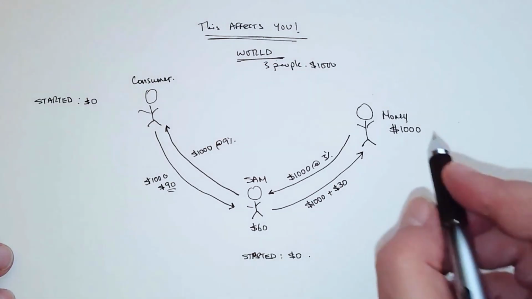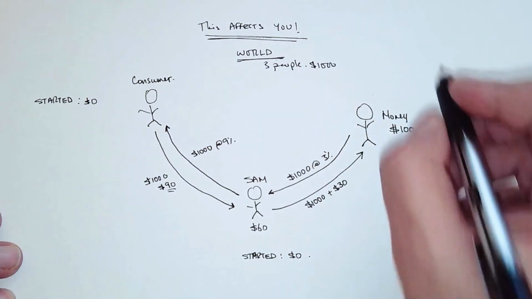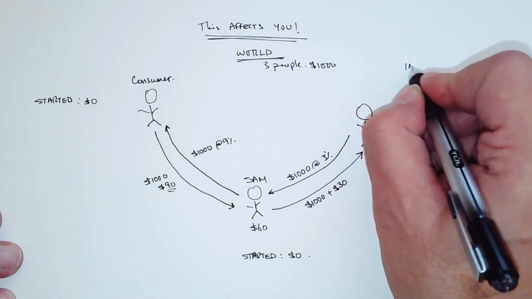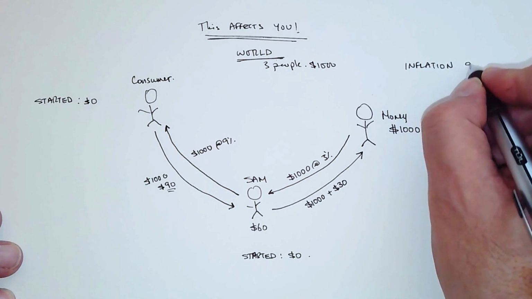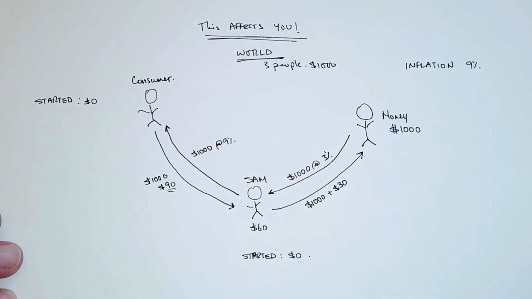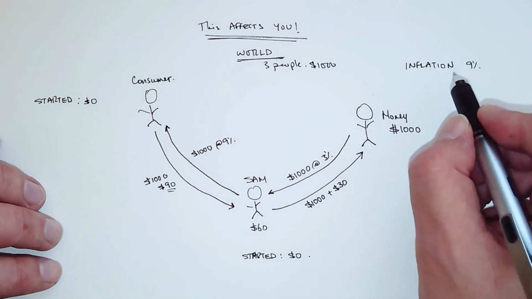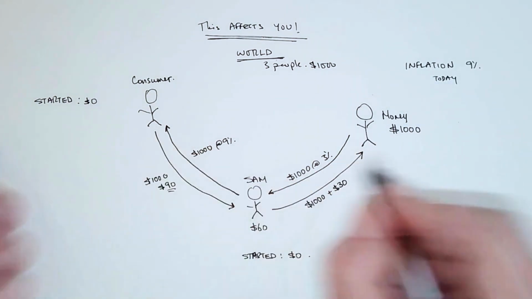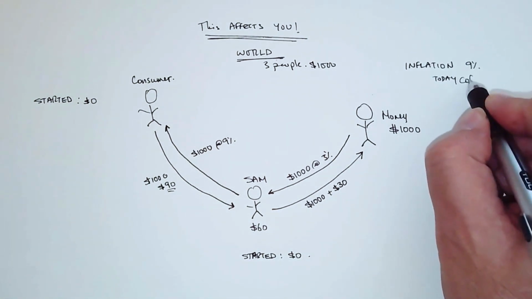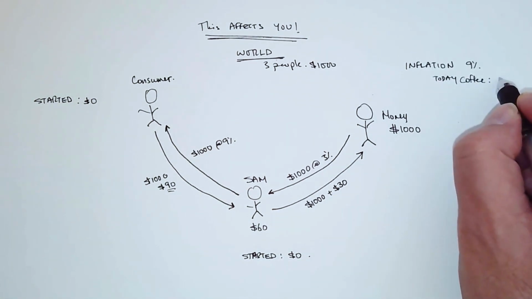Now we're going to introduce inflation in this scenario. We're going to introduce inflation at, say, 9%. Don't ask me where I got that. I just made it up. So that means today, when this scenario first started, coffee, which represents goods and services, was $1.